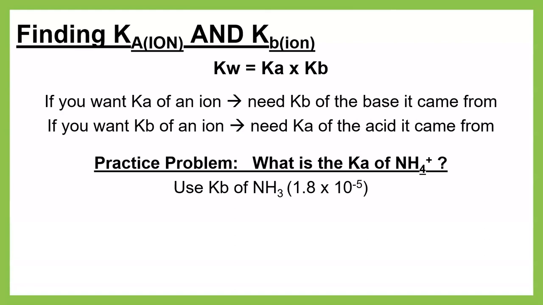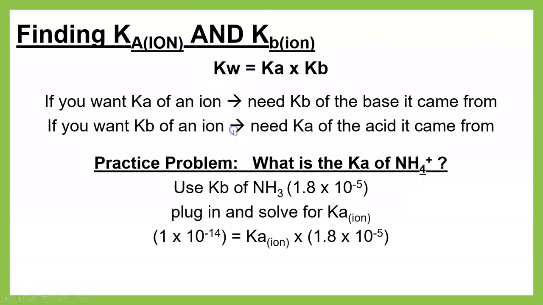So I can use the relationship that you see at the top of the screen, and I can understand that NH3 is the base and NH4 plus is the acid, that this is a conjugate pair, and this relationship, when I multiply my numbers together, results in Kw, which, because we're assuming we're at the right temperature, is 1 times 10 to the minus 14. And then you can solve for the Ka of your ion.